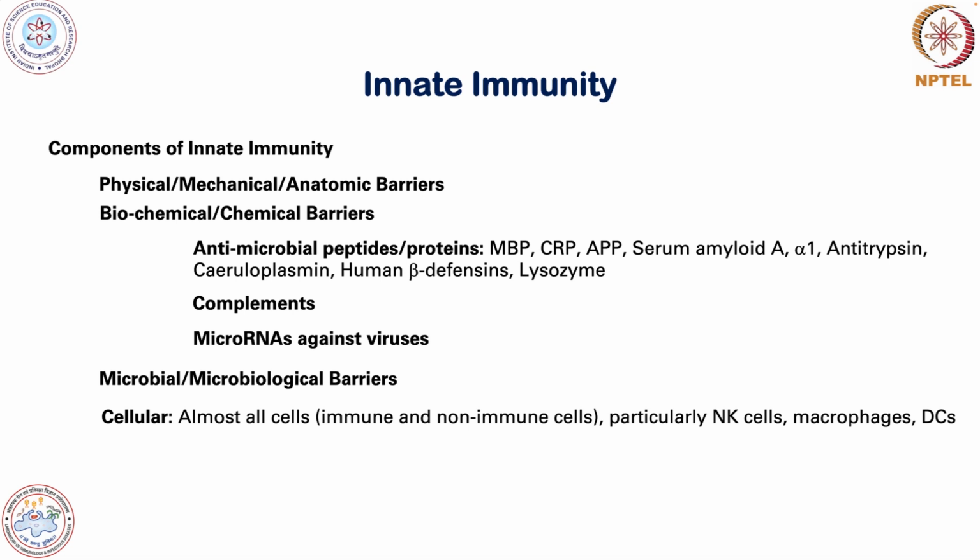You know there are many kinds of macrophages present in different organs. There are two major kinds of dendritic cells, although there are three, but here I am telling two because they play an important role in innate immunity: conventional dendritic cells and plasmacytoid dendritic cells. FDCs play an important role in adaptive immunity.